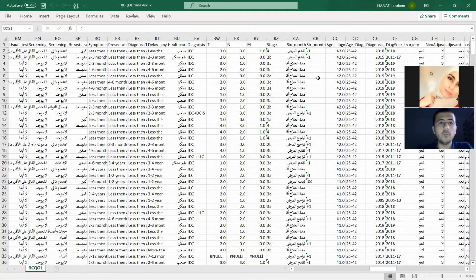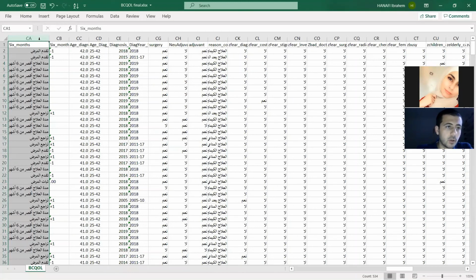Here we have the development of the disease, the prognosis of the disease after 6 months. So I have different outcomes: تقدم المرض, تراجع المرض. What is the difference between them?